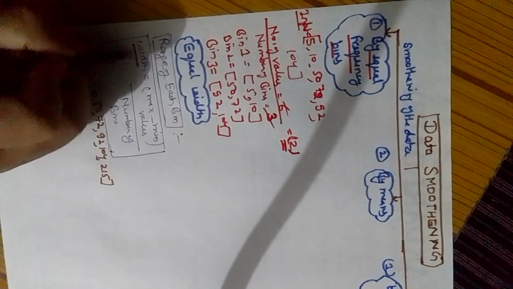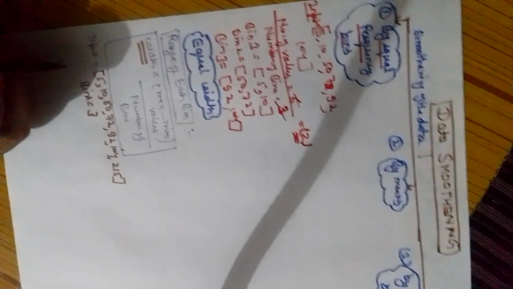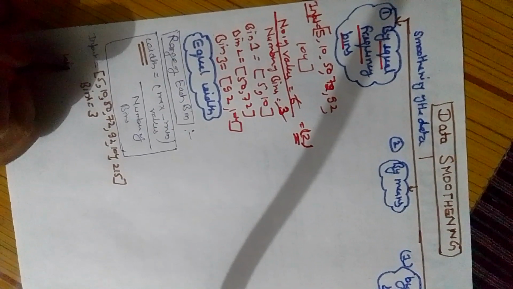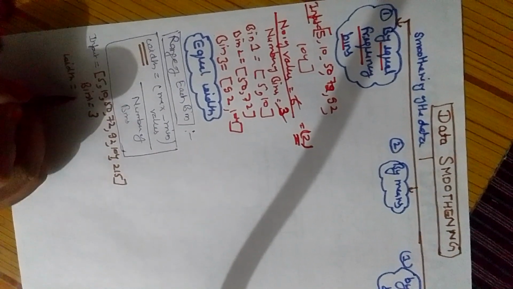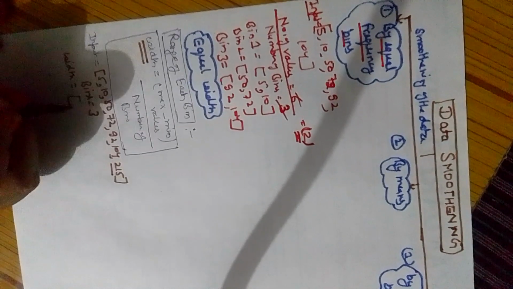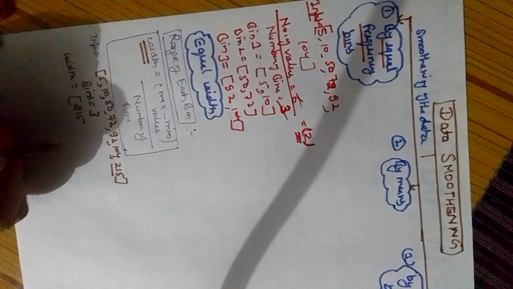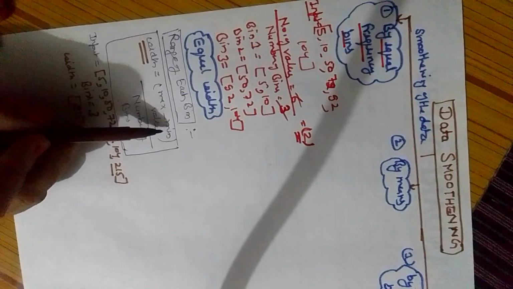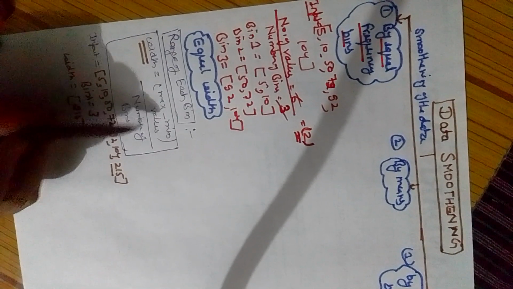For calculating the width, we will apply the formula. The width formula is maximum value minus minimum value divided by the number of bins. The maximum value here is 215, and the minimum value is 5.